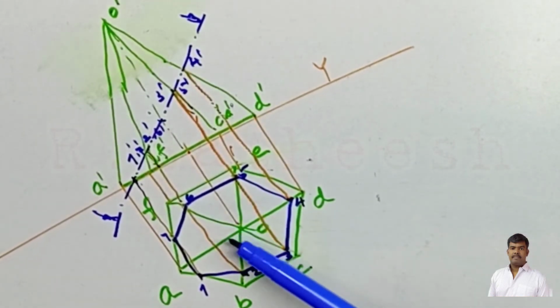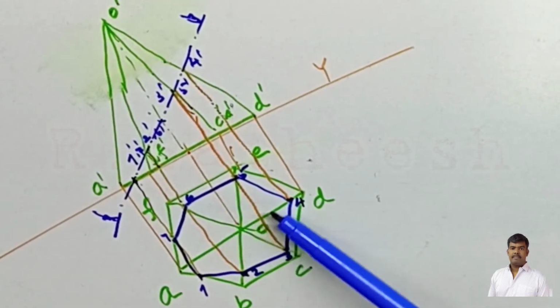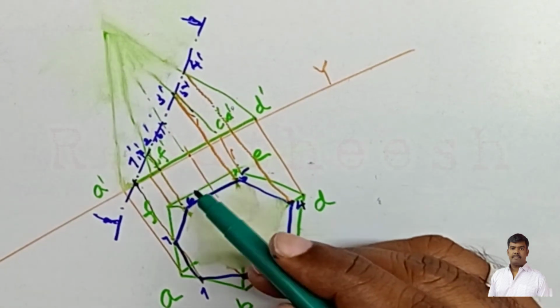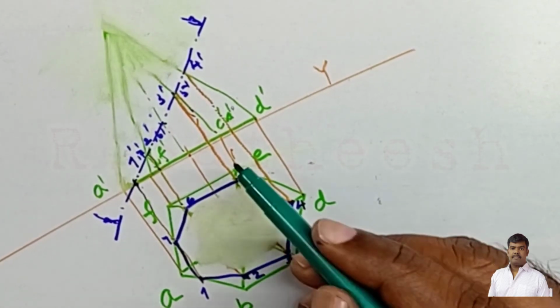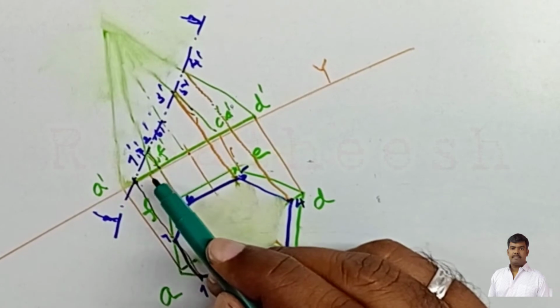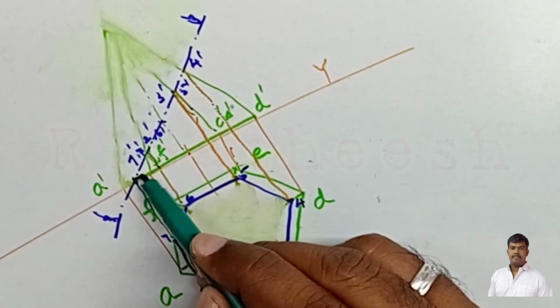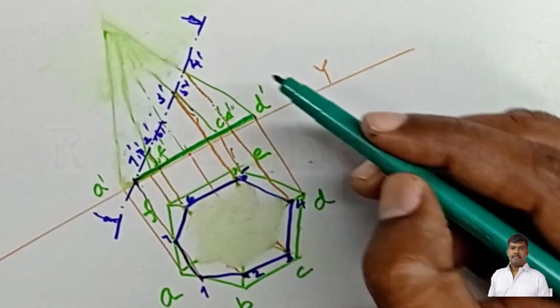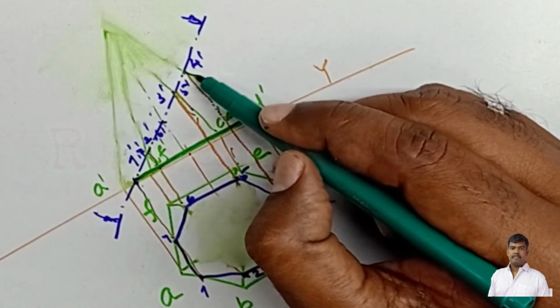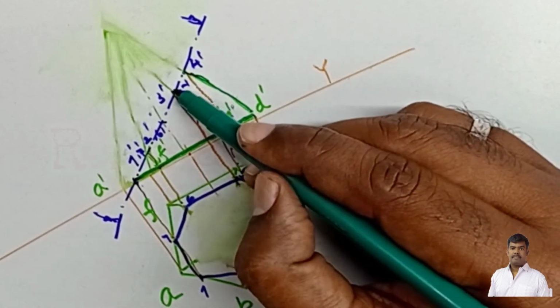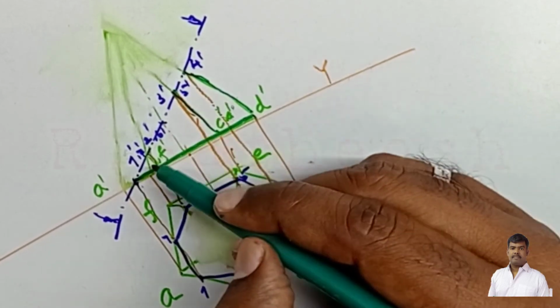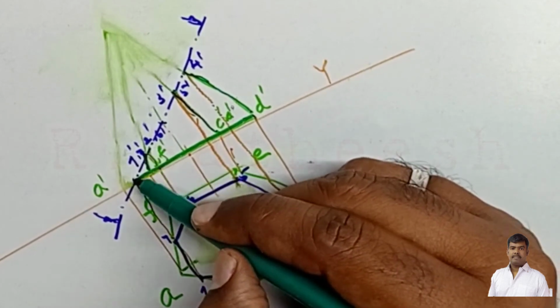In the top view also there is no apex, with some portion of the slant edges. So now the final portions, after cut and remove, are from here to here, here to here, this one, that's all.